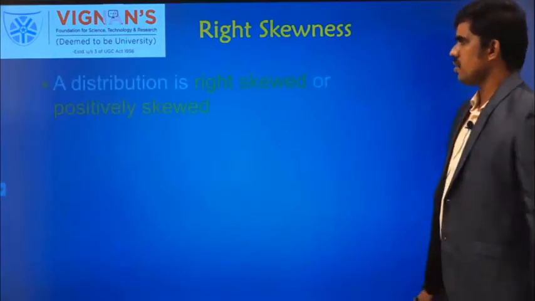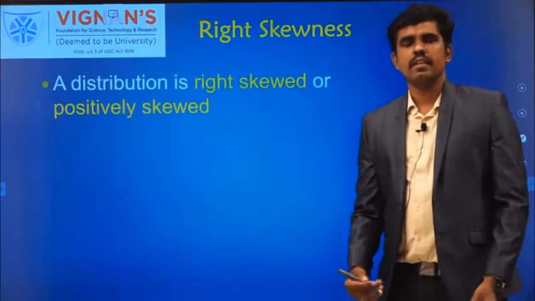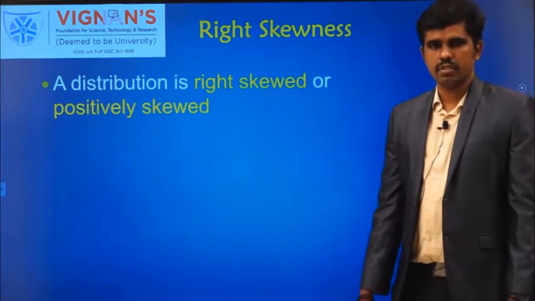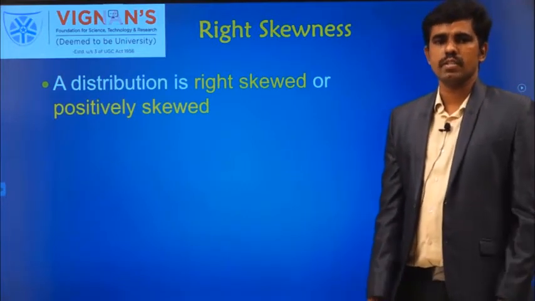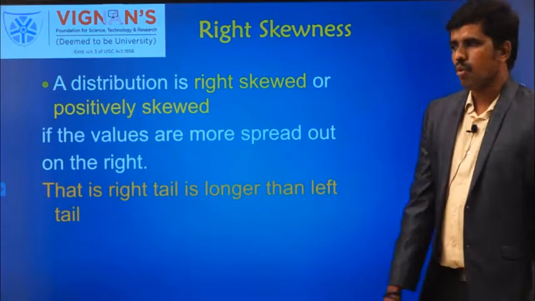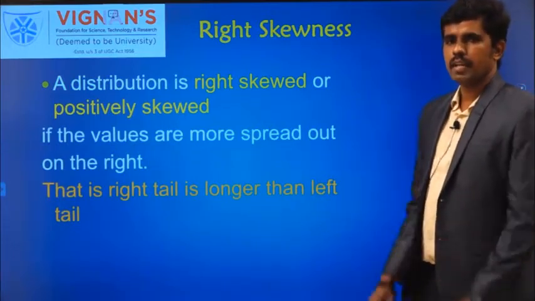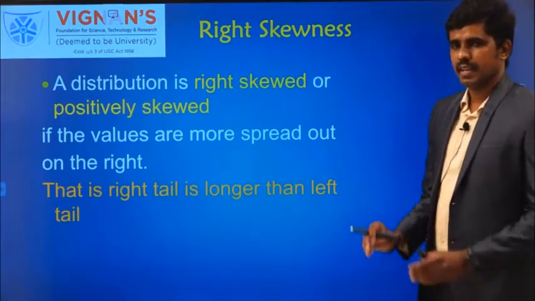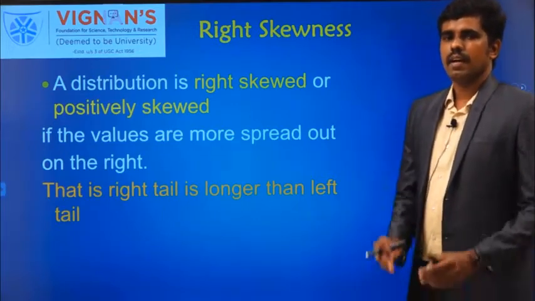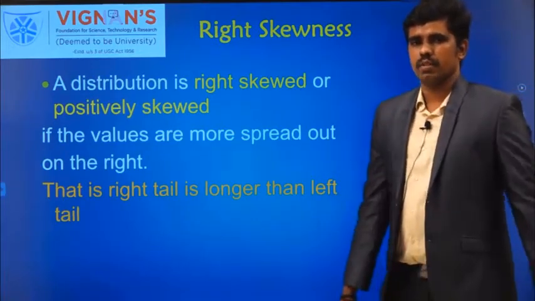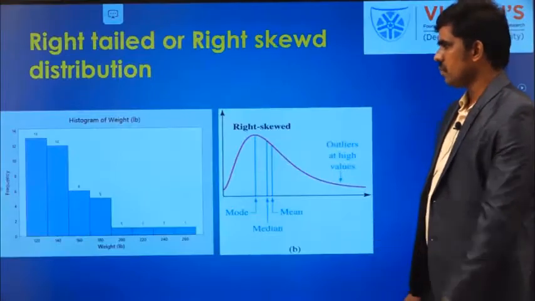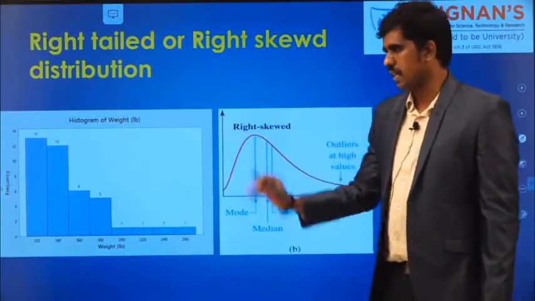Now right skewness. When we say a data distribution is right skewed or positively skewed, the values are more spread out at the right.